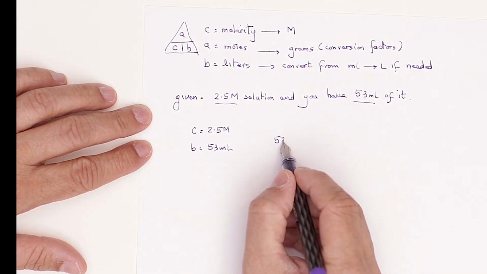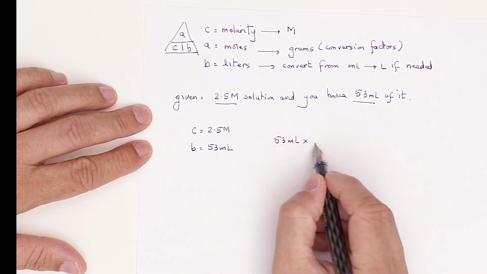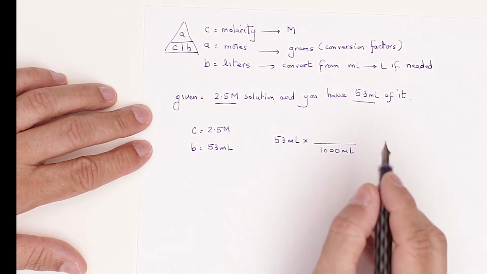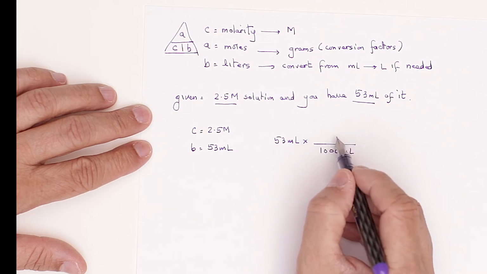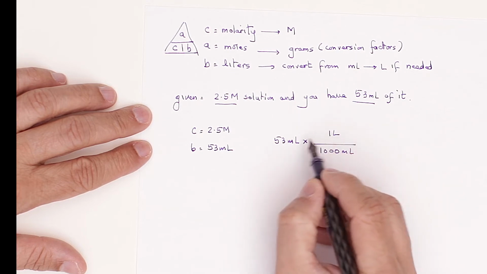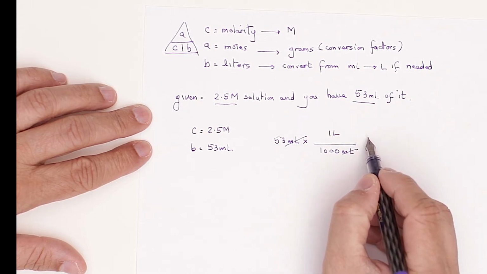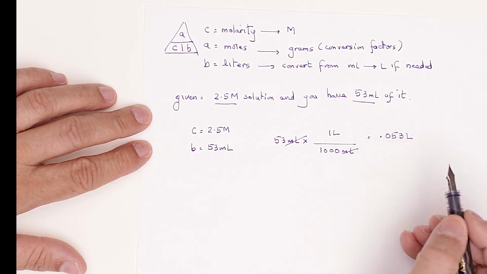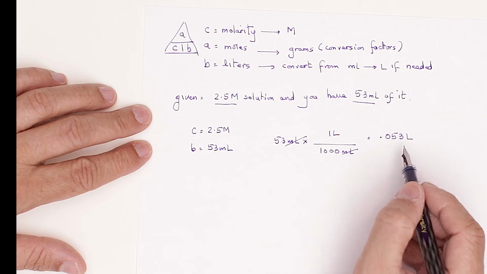So 53 mils multiplied by 1,000 milliliters in the denominator and 1 liter in the numerator. So milliliters cancel out and you end up with 0.053 liters. So B is 0.053 liters.